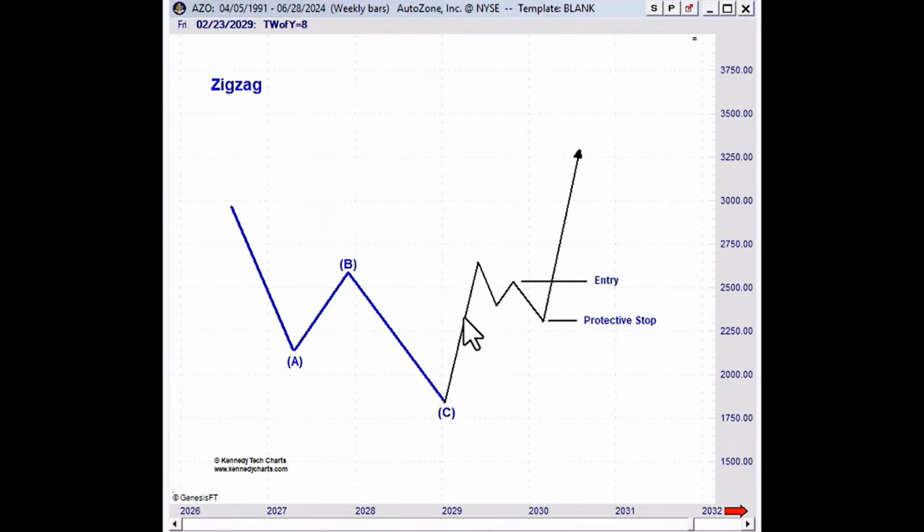Okay. Look what happens by being patient. Well, now you have additional data to support your assessment. And if you wait for this wave B of, say, 2, ideally wave 2 extreme to give way, now by being patient, you have more data to support your assessment, more data to support, yes, I need to take a buy-side trade, and now you're back to being able to limit risk by being patient. So it kind of comes full circle.